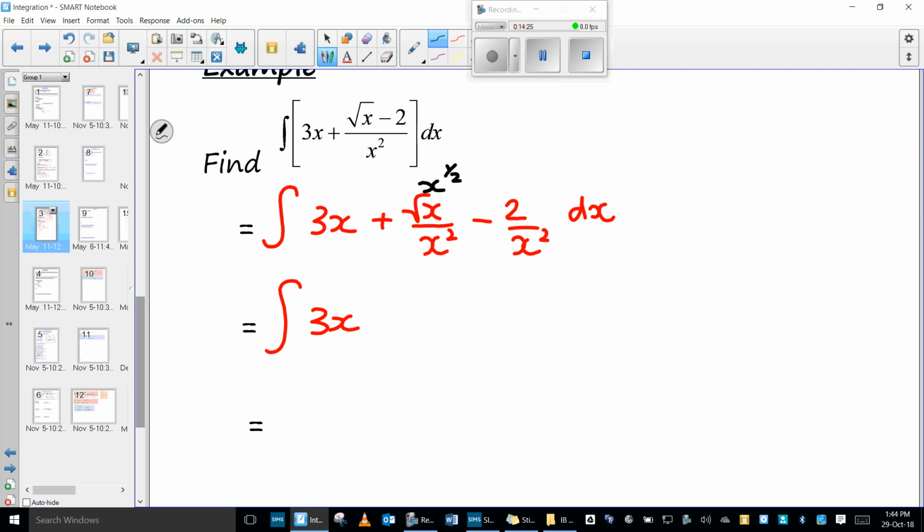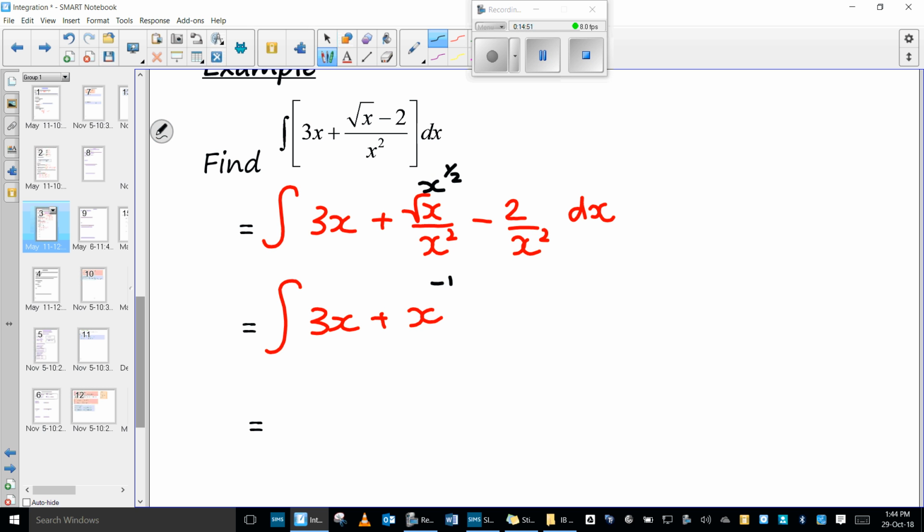We subtract the powers. So we're going to have 1/2 subtract 2. What's 1/2 subtract 2? Negative 3 over 2. So we've got plus x to the negative 3 over 2.